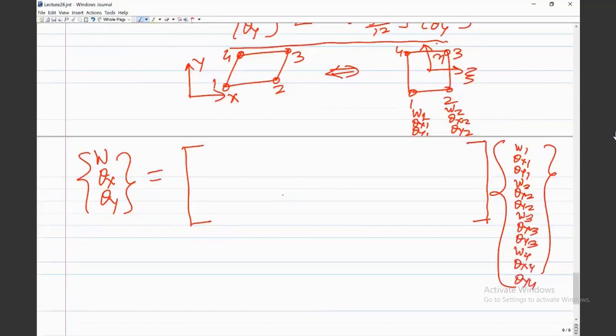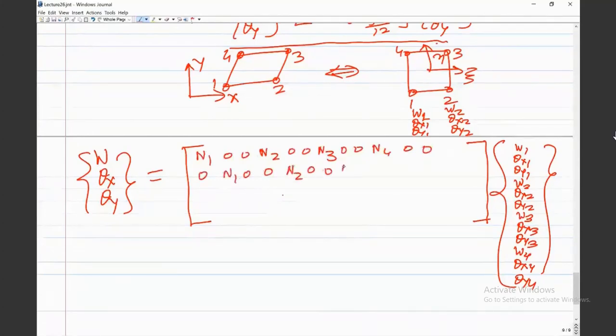Now W would be N1 W1 plus N2 W2 plus N3 W3 and so on. So it will be N1 0 0, N2 0 0, N3 0 0, N4 0 0. And then theta x would be 0, N1 0, 0, N2 0, 0, N3 0, 0, N4 0. And theta y would be 0 0 N1, 0 0 N2, 0 0 N3, 0 0 N4.